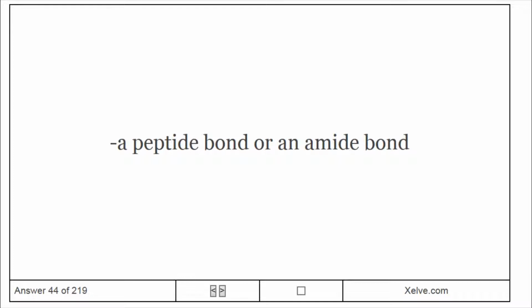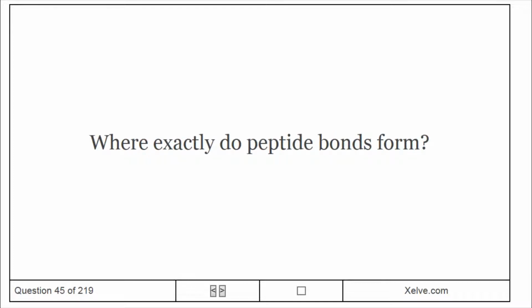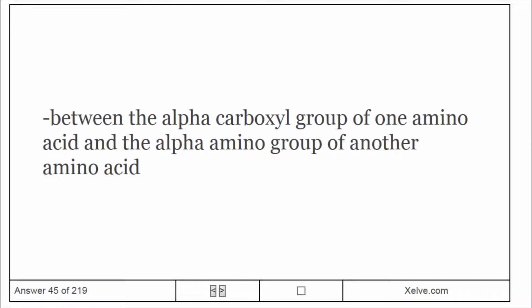A peptide bond or an amide bond. Where exactly do peptide bonds form? Between the alpha-carboxyl group of one amino acid and the alpha-amino group of another amino acid.